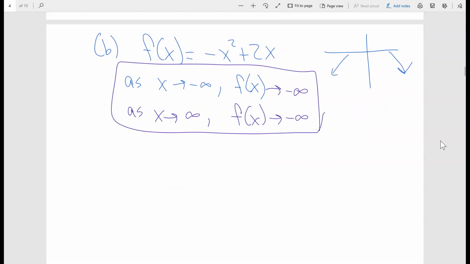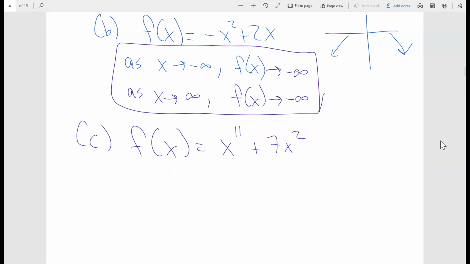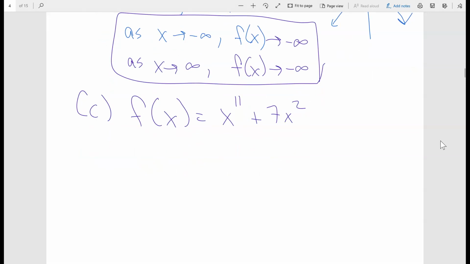Okay, what about this one? Look at the leading coefficient. The leading coefficient is this guy. This is the leading term. Notice that this guy is odd, and there's no positive or negative, there's no flip.